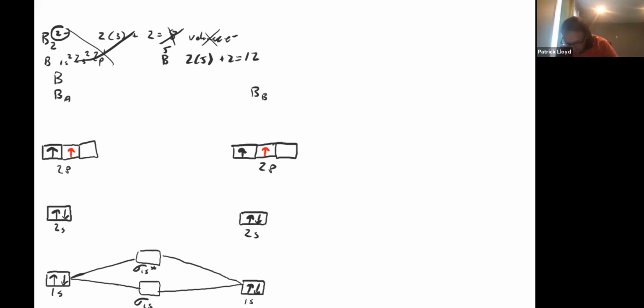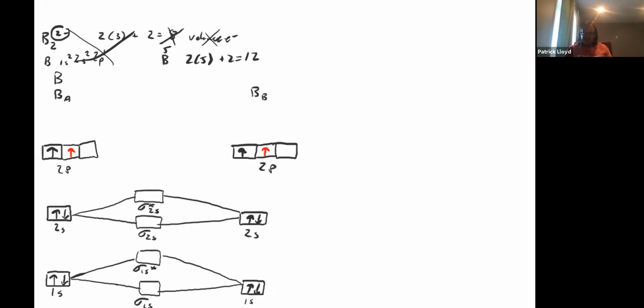Okay, so now what happens when you start mixing the 2s? Something very similar. You get one that's lower in energy than the atomic orbitals, and you get one that's higher in energy than the atomic orbitals. So this one's sigma 2s, see the notation?